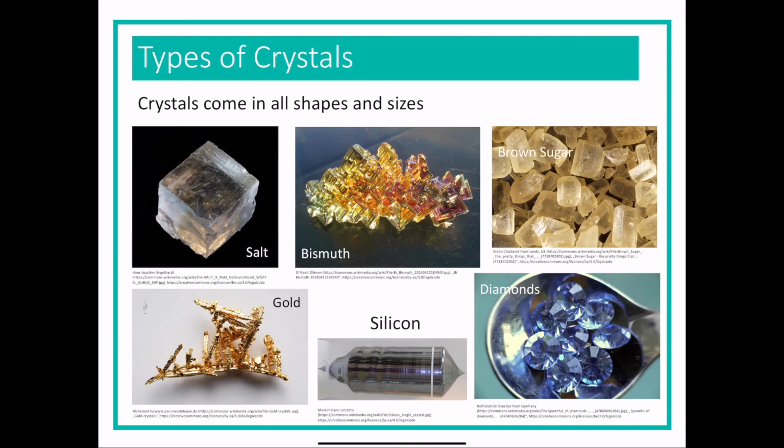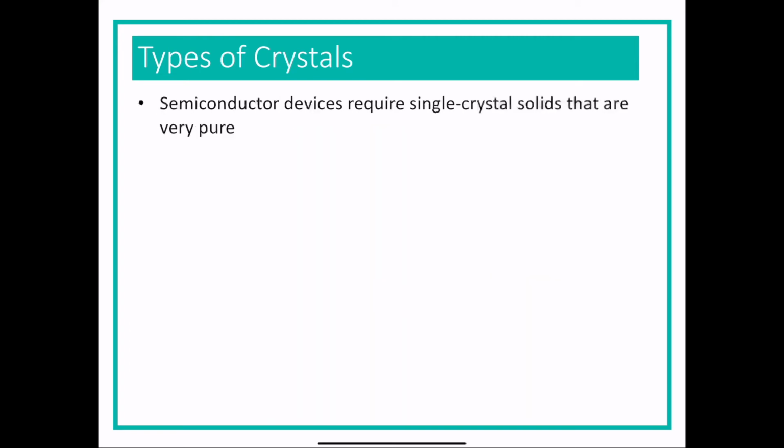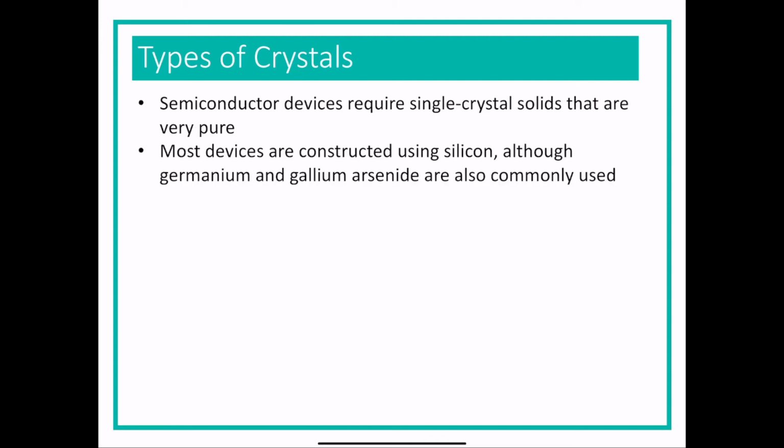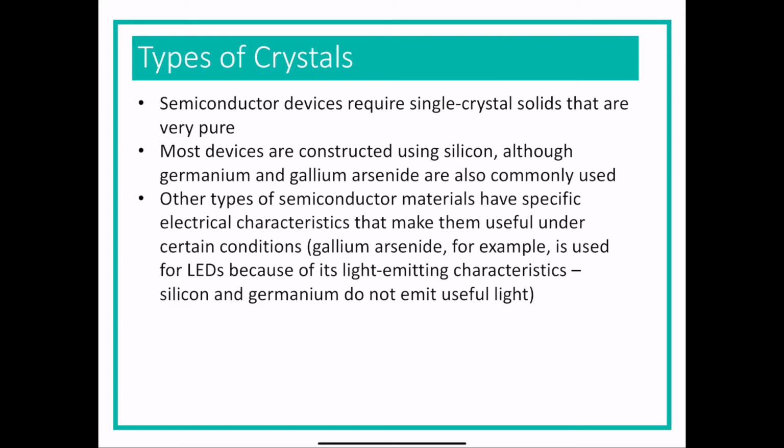Let's see, keep things ordered. There we go. So we need a single crystal solid to make a semiconductor work. No polycrystalline, no grain boundaries, no nothing. We mostly use silicon. As I said, germanium and gallium arsenide are also used, and other types are used depending on what the electrical characteristics might be.